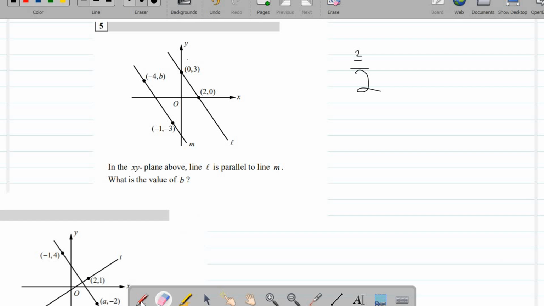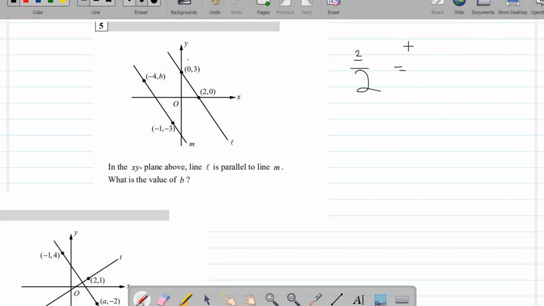Now the slope of the other one is also equal, so they just want you to equate them since the slopes are the same. So you have minus 3 minus b, or b minus 3, any of them you want to do. Let's make it b minus 3, that's the top point and its lower point.